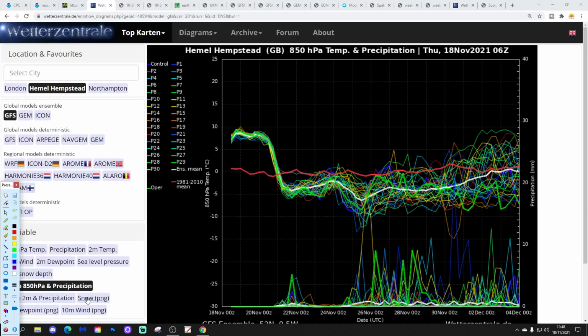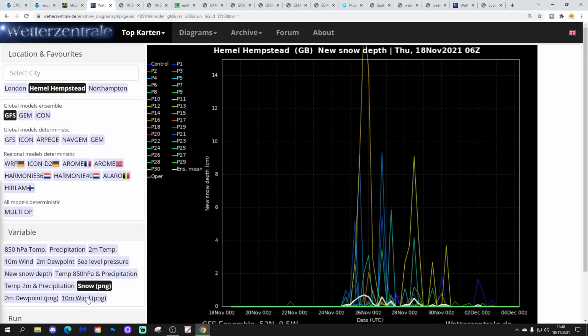Well, let's have a look at the snow row, shall we? There it is. If we ignore that outlier member just there, which of course is very over the top with a huge dumping of snow, nevertheless there are quite a few of the ensemble members increasing the risk of snow for Hemel Hempstead from around the 25th through to around the 30th of November.